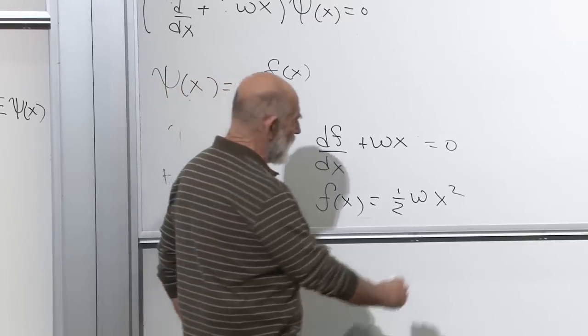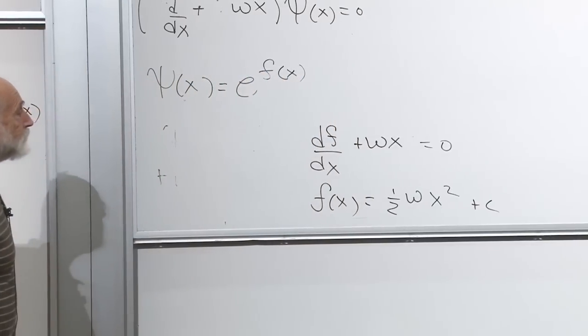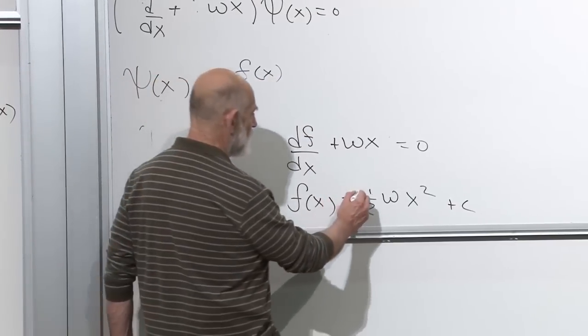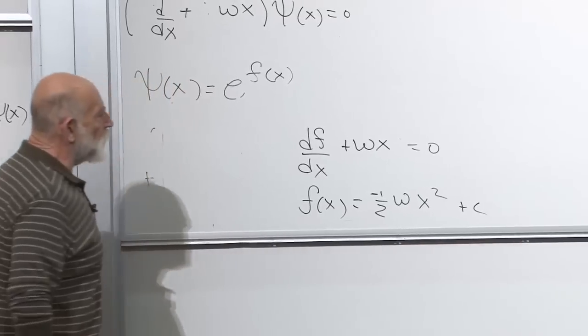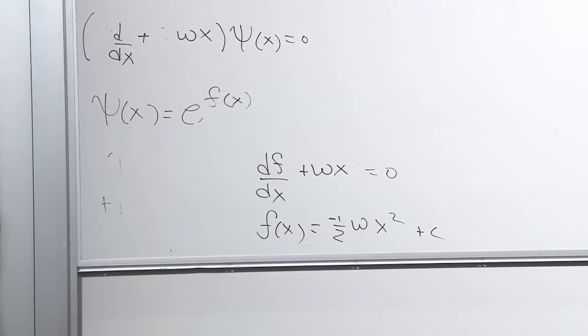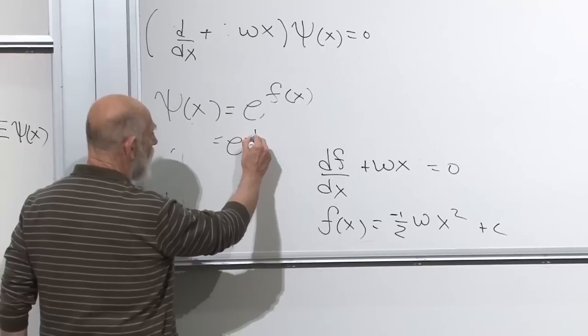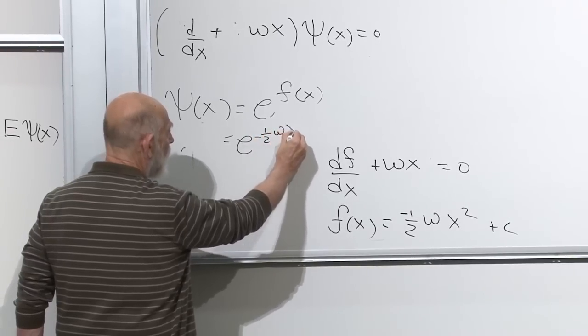Let's put the constant in there. And that's all. Minus 1/2 omega x squared. That tells us that psi of x is equal to e to the minus 1/2 omega x squared.